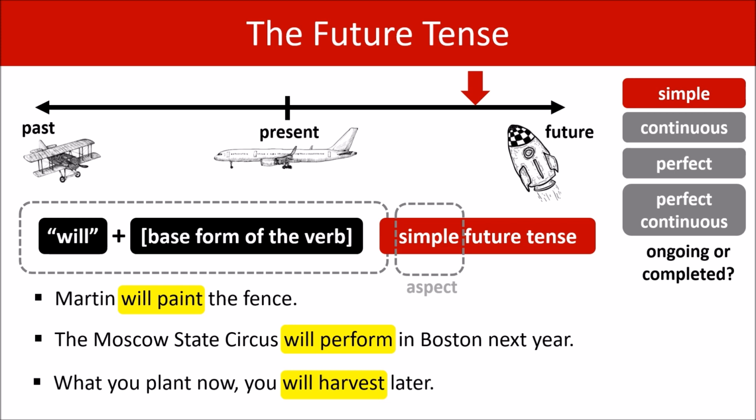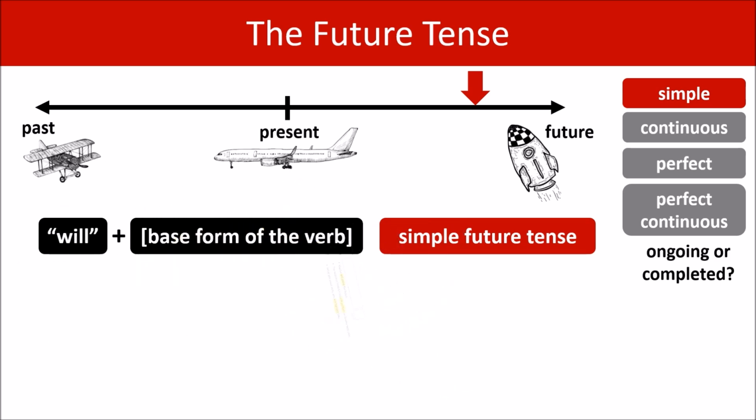So the first aspect we've covered is the simple aspect. And this construction is the simple future tense. So, the simple future tense is used for an activity that will occur in the future. Let's keep going.